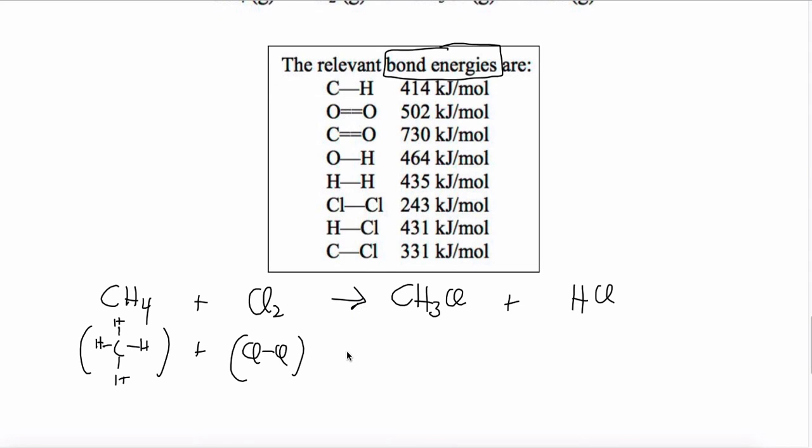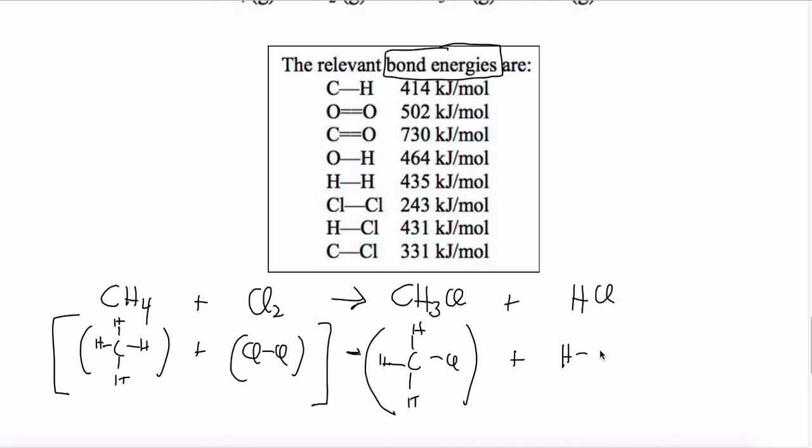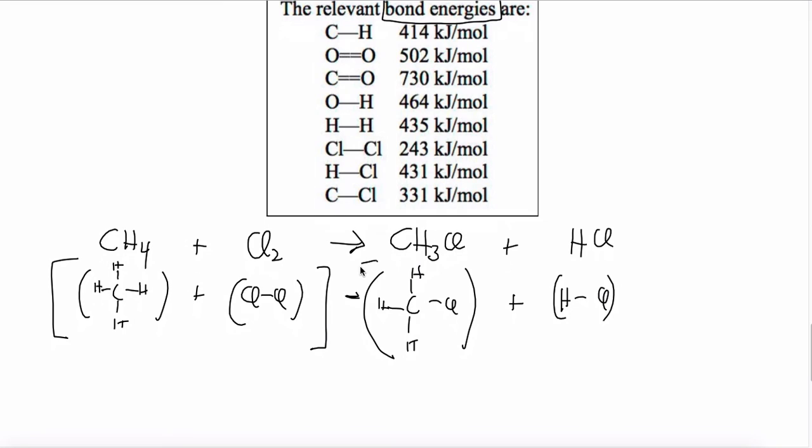I like to think of this as a minus sign and think of this as the broken bonds. Then I got C, H, H, H, Cl plus HCl. And this as the formed bonds.